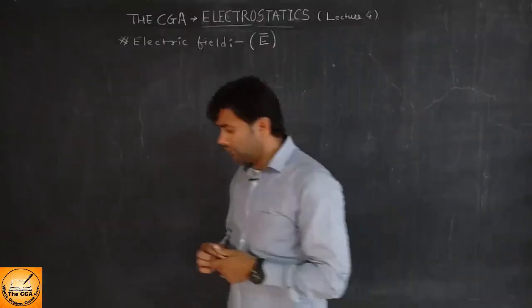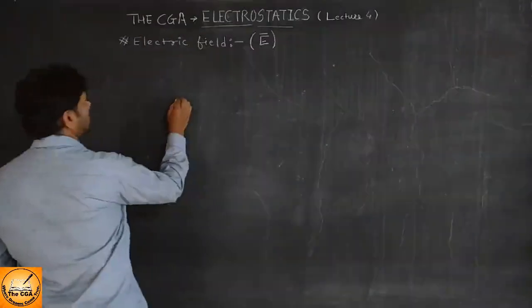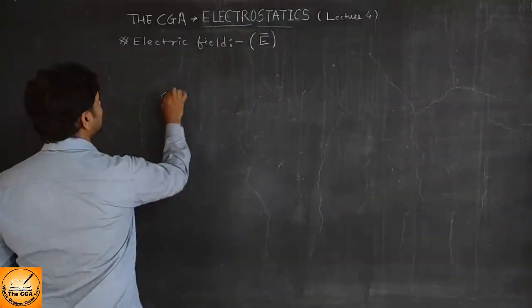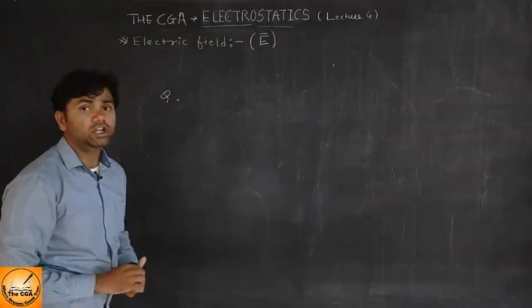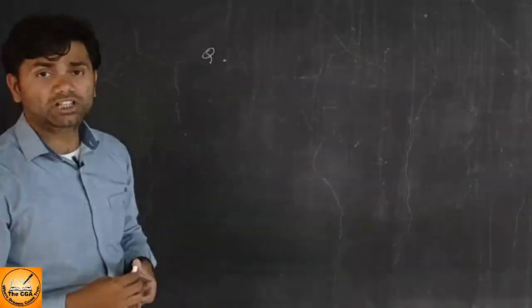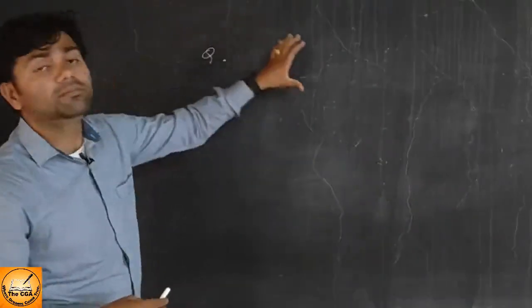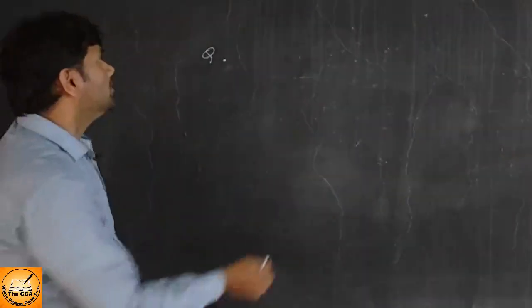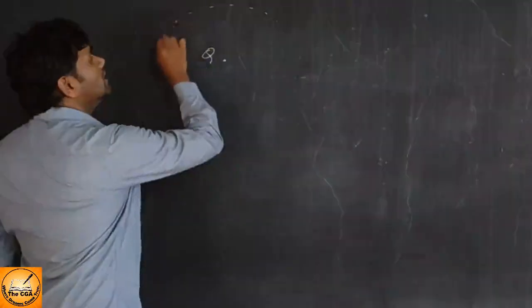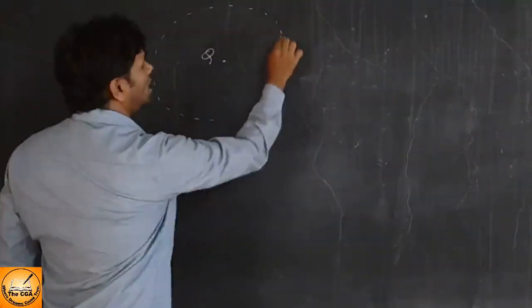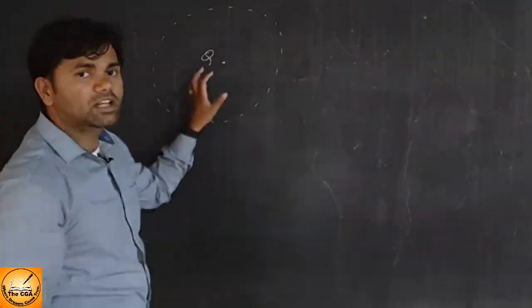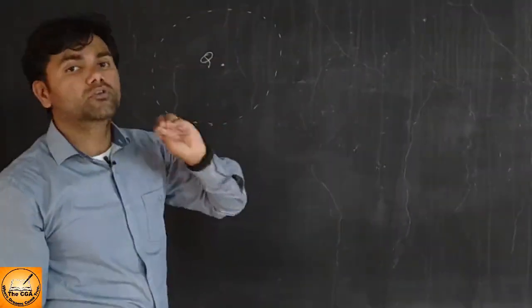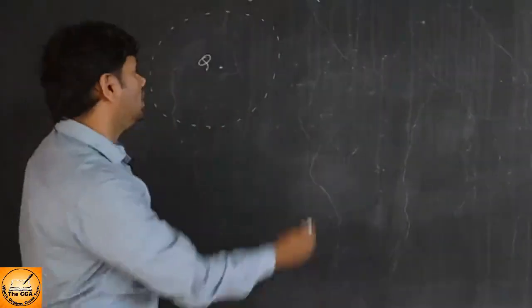So basically, if we consider any charge, capital Q, this Q charge will have the ability to attract or repel the charges which come under the influence of this capital Q charge. Means there will be a certain region. In this region, if a charge comes, this capital Q charge is going to apply a force on that small q charge, right?